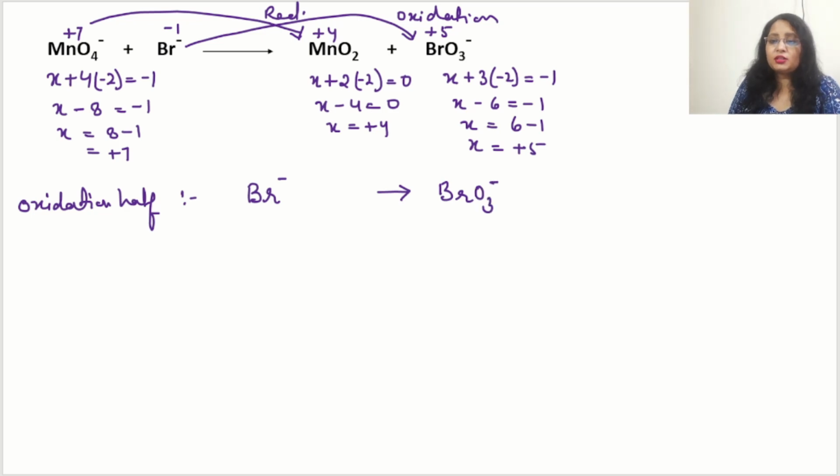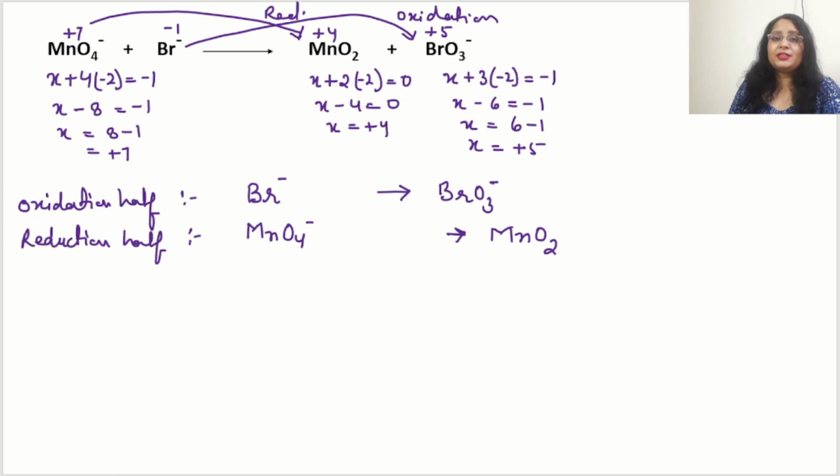This is the oxidation half. In the same way, we will write the reduction half. That will be MnO4 minus, and it will give MnO2 only.